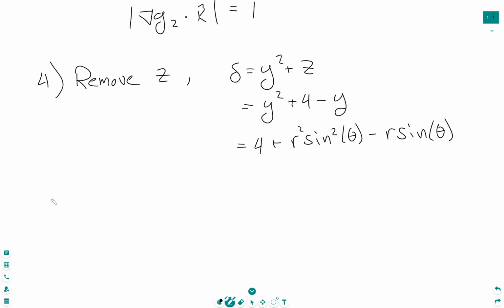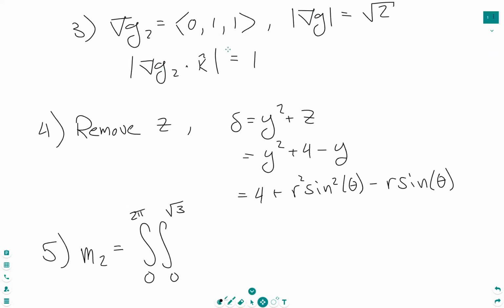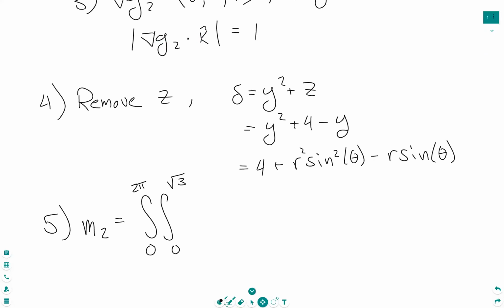Okay, step 5. So our mass now, I am going to in fact use polar coordinates. So our surface area integral gets transformed to our area integral. We're going from 0 to 2 pi and 0 to root 3 in polar coordinates. Our transformation from ds to dA is this magnitude of the gradient, this root 2 over the magnitude of this dot product, which is just 1.